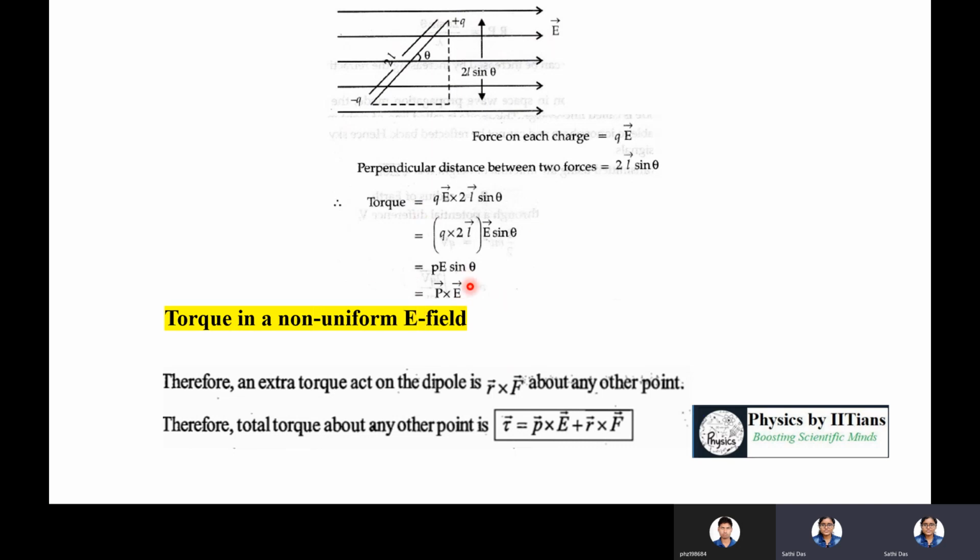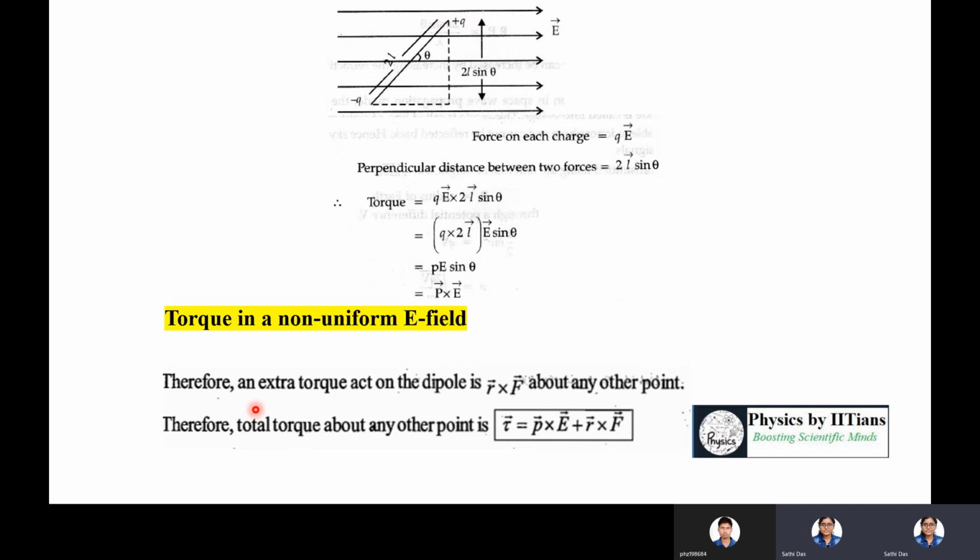The torque is P cross E, or PE sin theta. Okay. So if this is a non-uniform electric field, then what will happen? If there is a non-uniform electric field, then there should be an extra torque, that is r cross F, that is due to the force term, because this time the net force is non-zero, because plus Q into E is not equal to minus Q into E, because E itself is different for different regions.